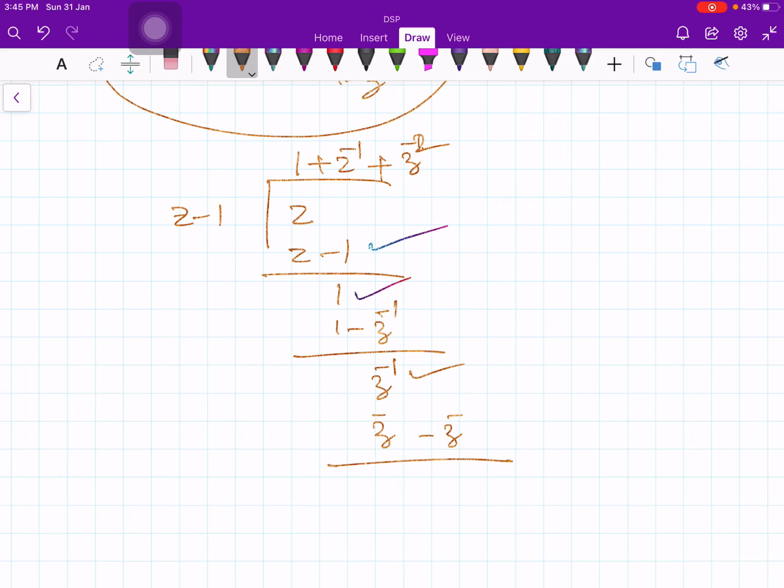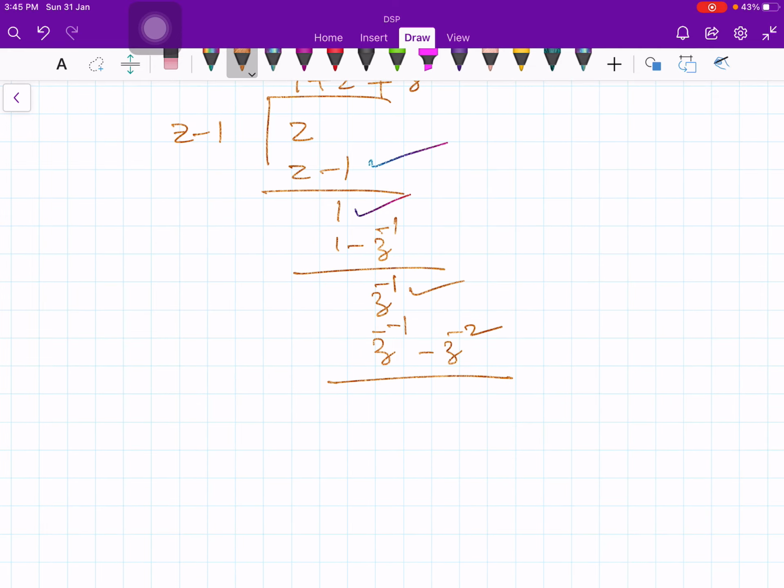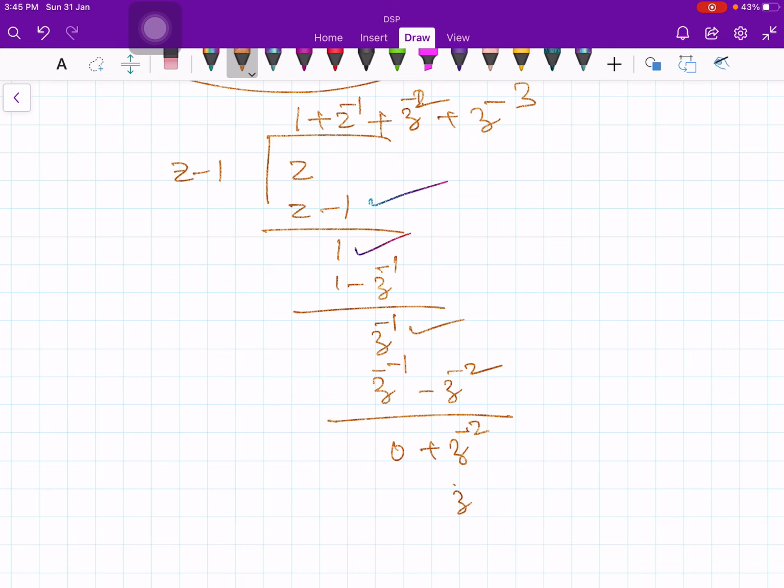Then now this is Z inverse, and this is Z to the minus 2. Then again if you subtract, you get Z to the minus 2, then you put Z to the minus 3, so this becomes Z to the minus 2 minus Z to the minus 3. So this is Z to the minus 3, and like that it keeps on going.